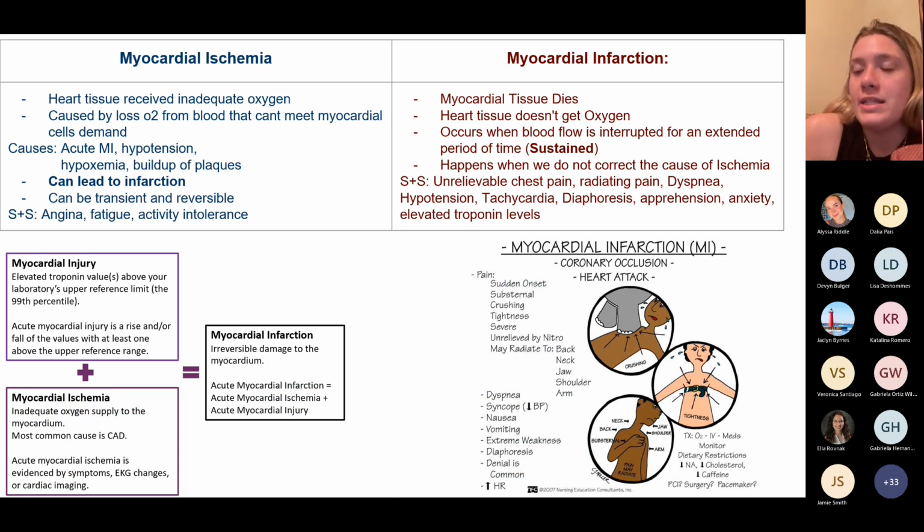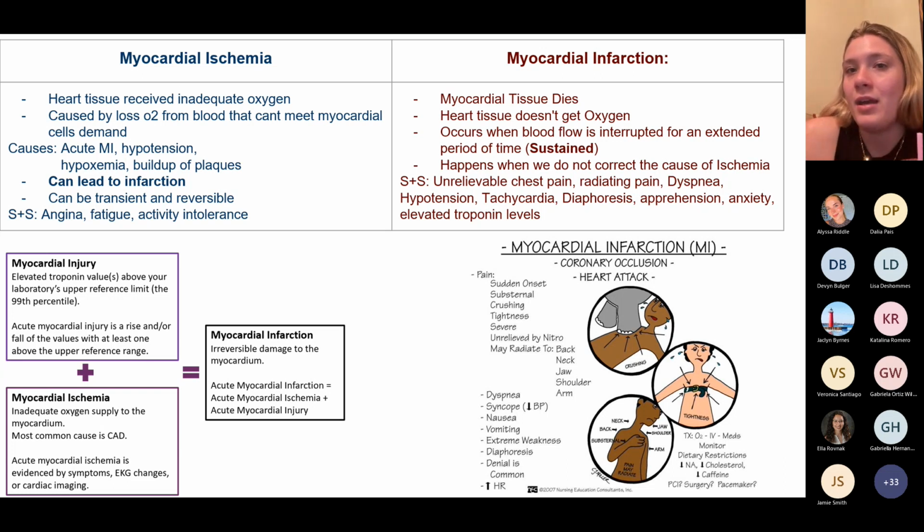So myocardial ischemia and myocardial infarction are very different. However, myocardial ischemia can lead to a myocardial infarction. So essentially what's happening with myocardial ischemia is that lack of oxygen to the muscles of the heart. And essentially my heart releases a little bit of pain because it's crying out, because it's like, ow, this hurts, I need oxygen.